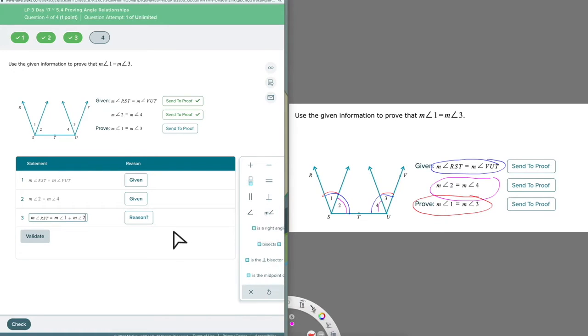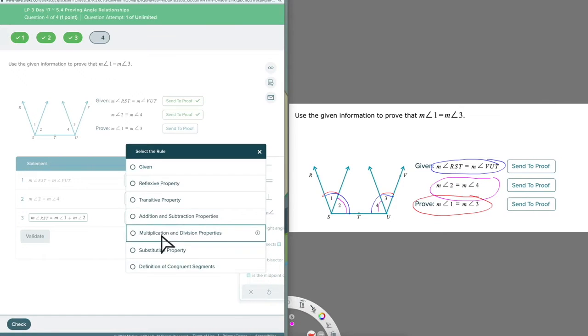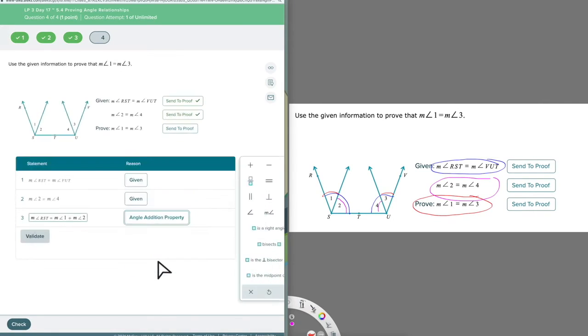I was going to copy it because I'm going to do the same thing for the other angle. The reason is going to be angle addition. I'm adding two angles together to make the whole thing.